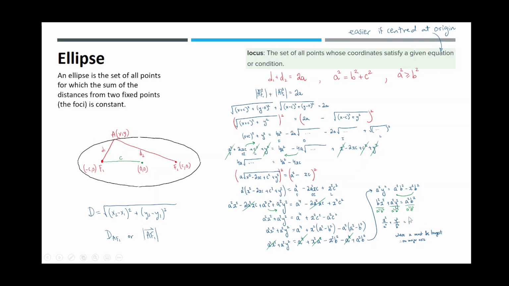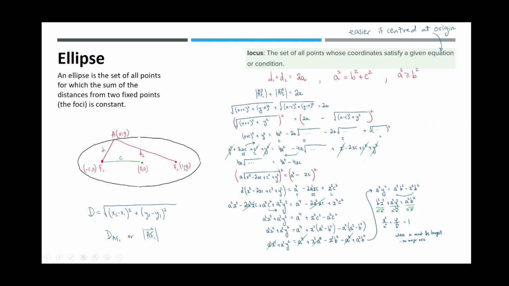So here is an equation of an ellipse that is centered specifically at the origin, and a is the longest. The ellipse that I started with is a horizontal ellipse, so it's more stretched out horizontally, but this could have been stretched out vertically as well. In that situation, the a would have been appearing where b is. So a must be the biggest, or on the major axis.